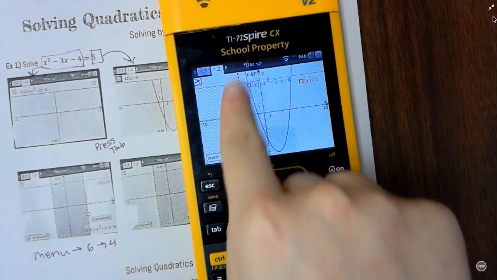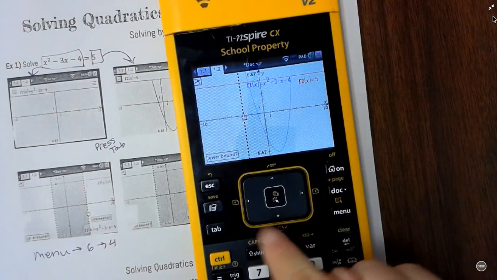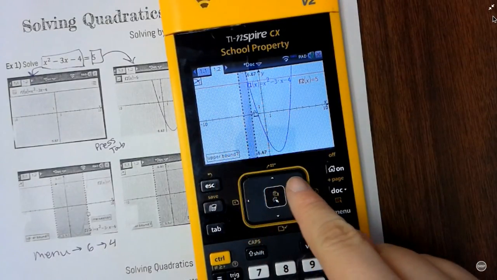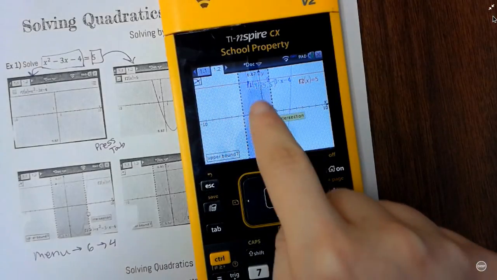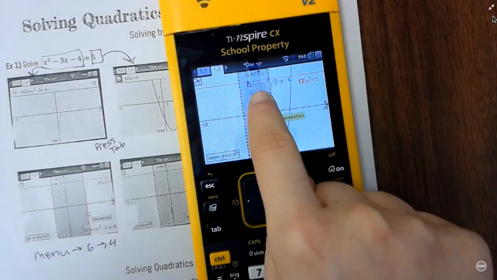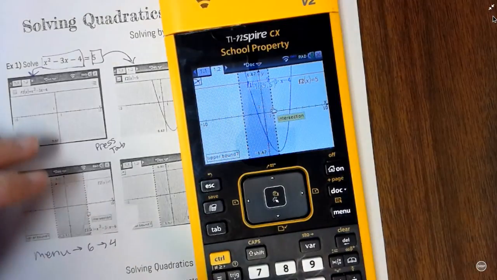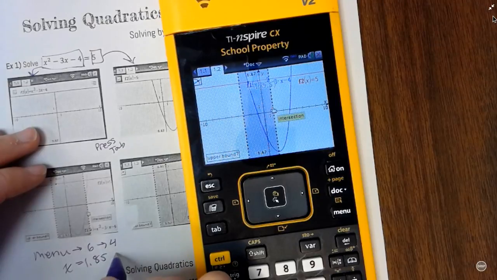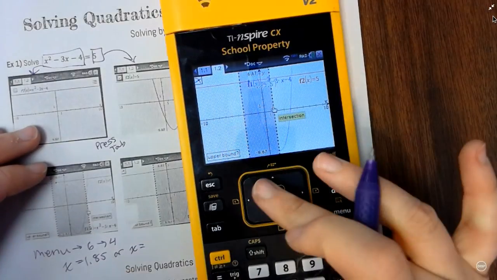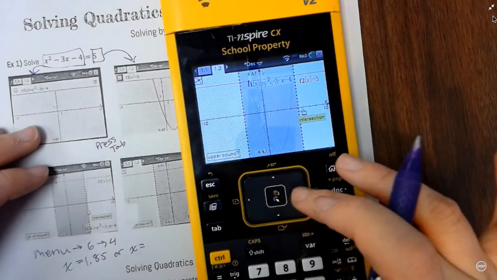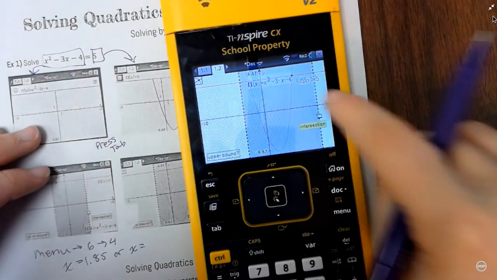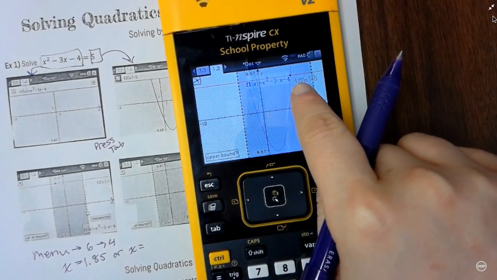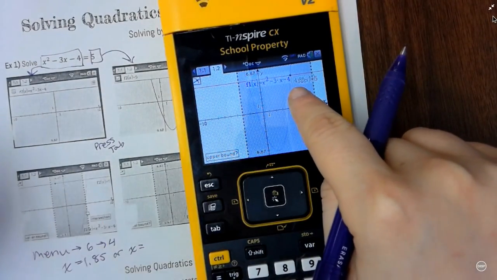And you just have to click somewhere to the left of your screen, make sure it says upper bound, and then as you drag this line across, it will tell you the intersection points. So my first one is 1.85. And my second one, remember we're looking at the x values, is 4.85. Probably can't see it on the screen.